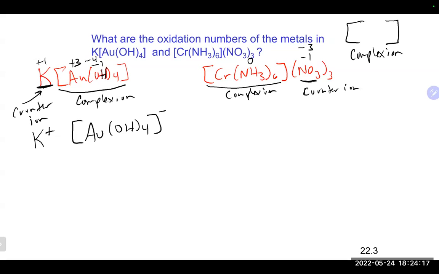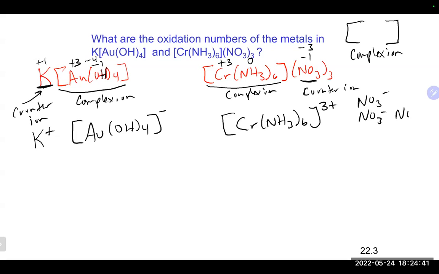So to balance out here, the chromium would also be carrying a +3 charge, our oxidation state. That means if we pull out just the complex ion part of this guy, it has an overall charge of +3, which is why in this particular case, we need not just 1 nitrate as our counter ion, but a grand total of 3 of them to give us a -3 to balance it out. So that is what's going on here.